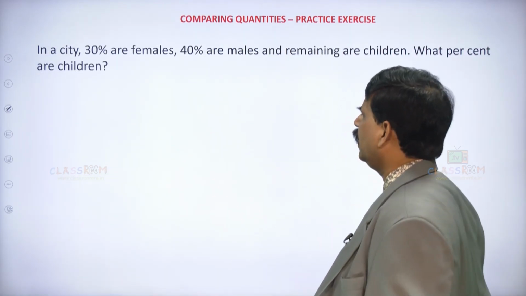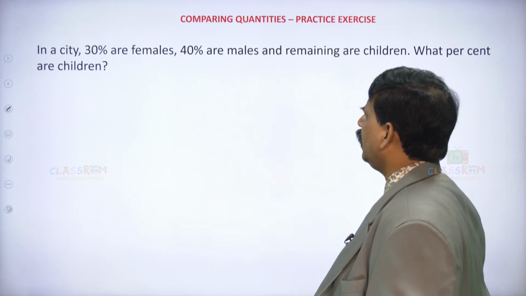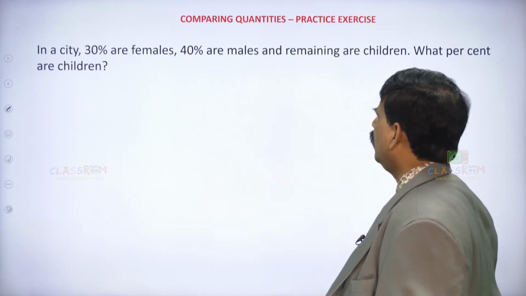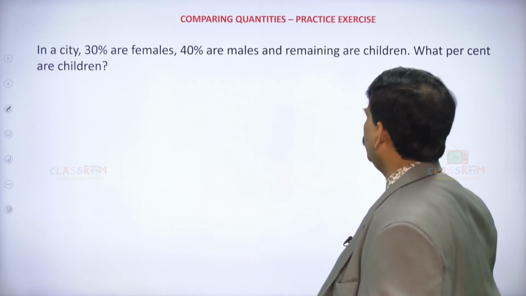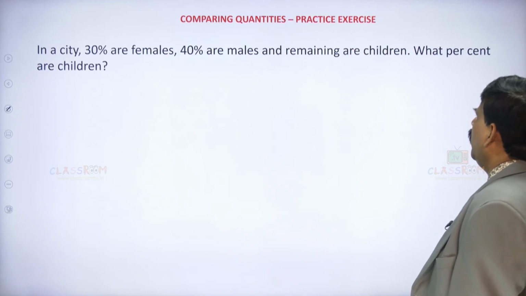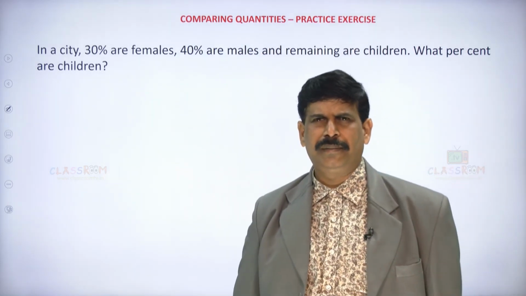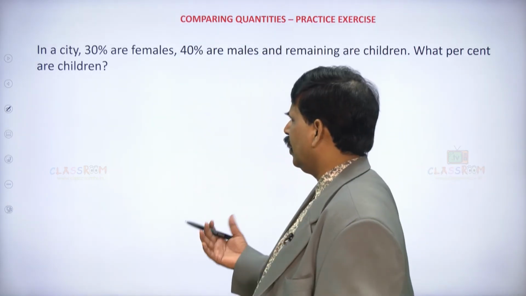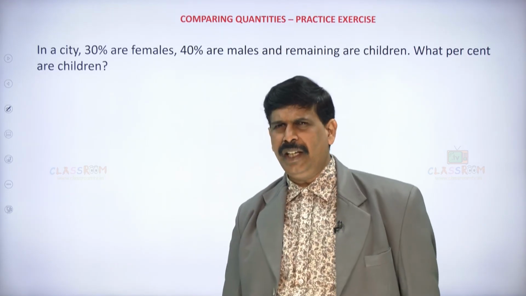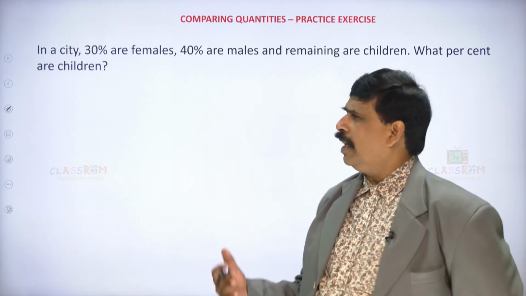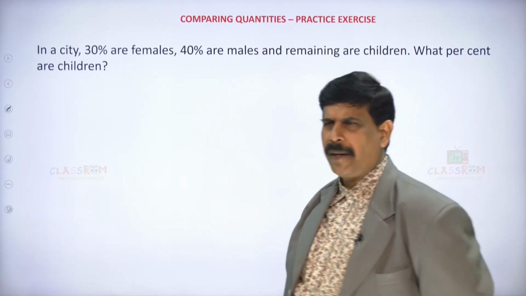In a city, 30% are females, 40% are males, and the remaining are children. What percent are children? So here there is a city. In that city, 30% are females. Okay.